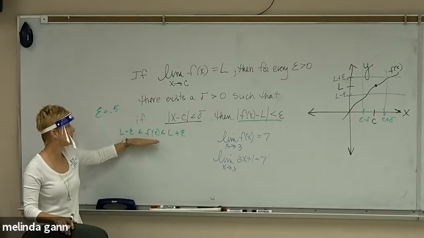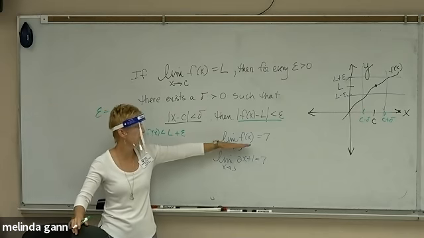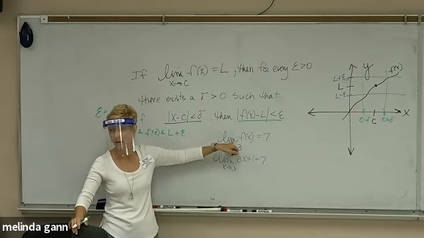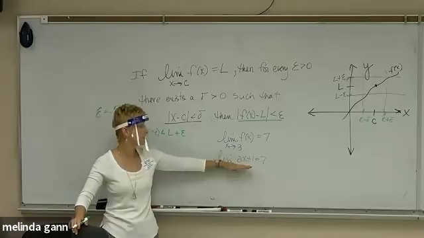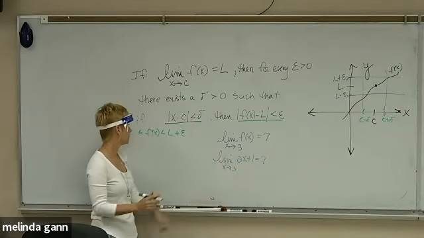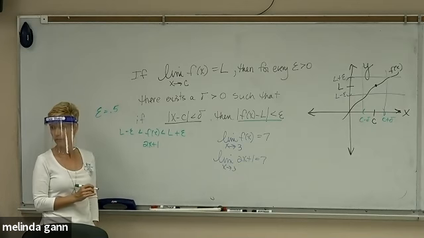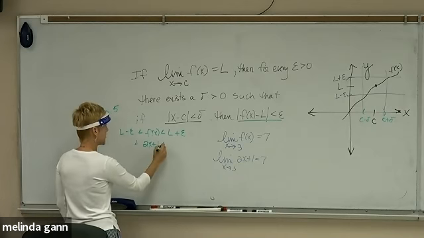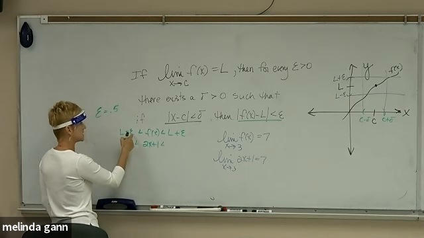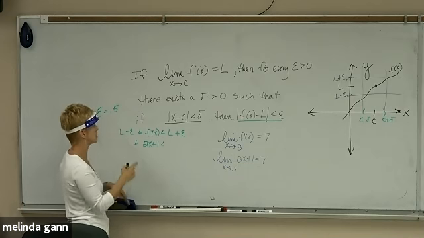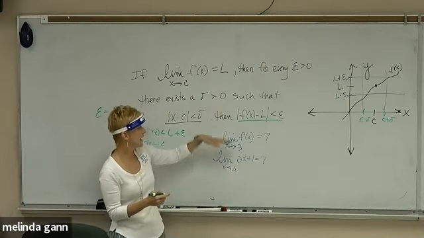Now, what's my f of x in this problem? Look where the position of f of x is. What's my function in this problem? 2x plus 1. It's got to stay between L minus epsilon. Now, look at the position again. What do you guess the limit is?